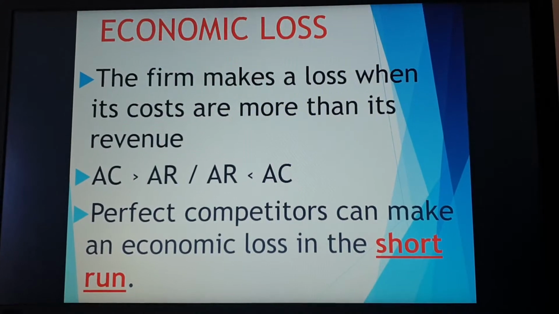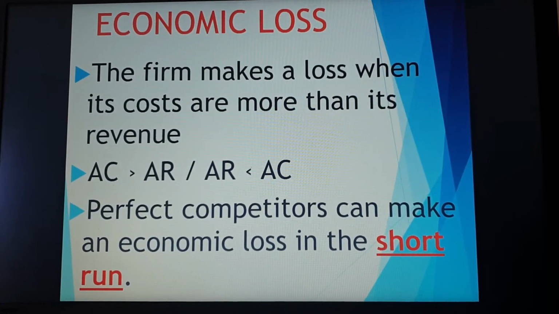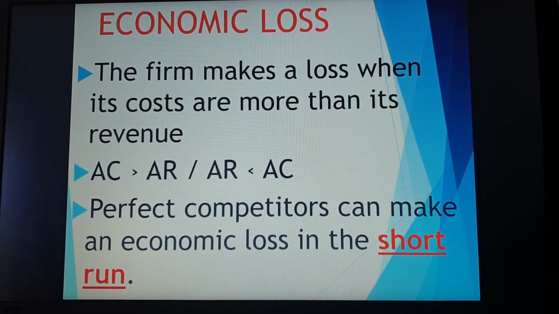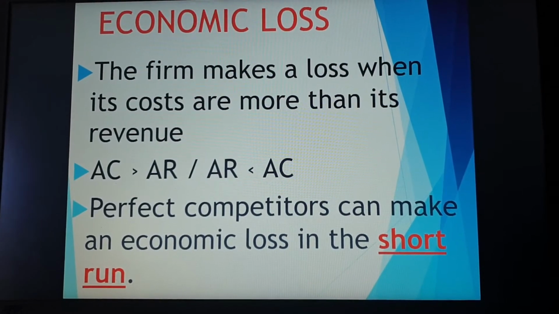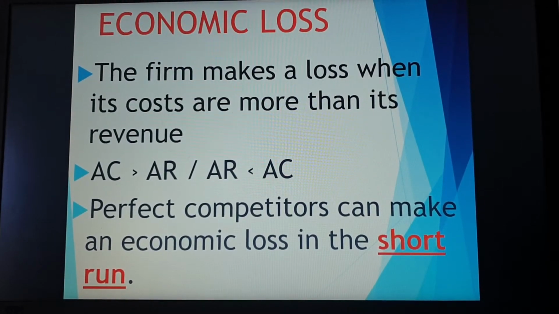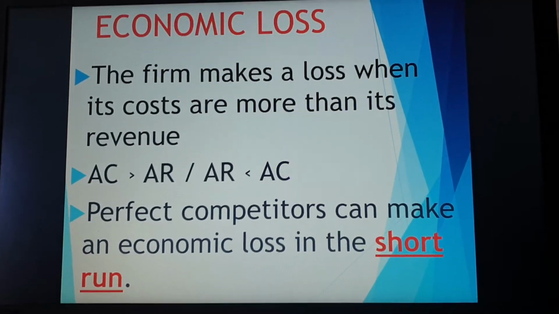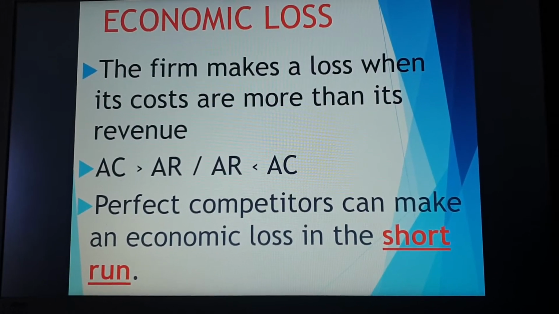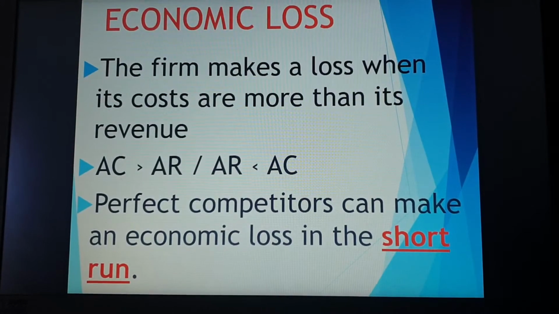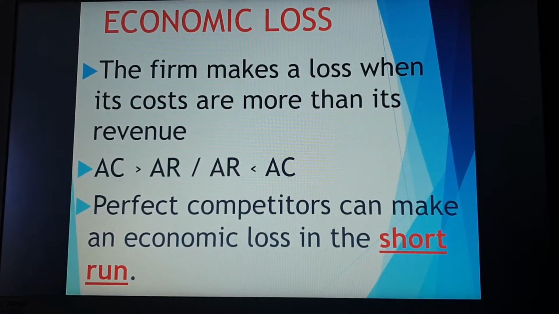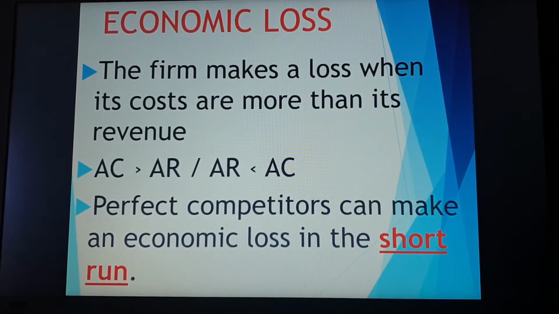Right, an economic loss. The firm makes a loss when its costs are more than its revenue. In other words, AC, average cost, is more than average revenue, or average revenue is less than average cost. Perfect competitors can make an economic loss in the short run.